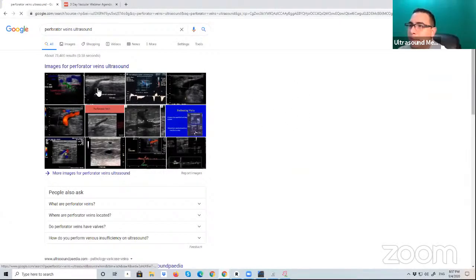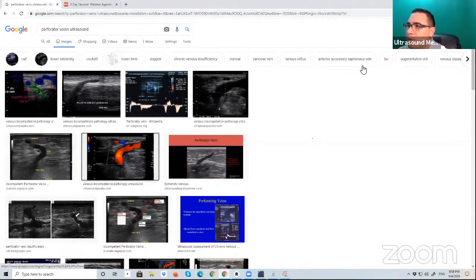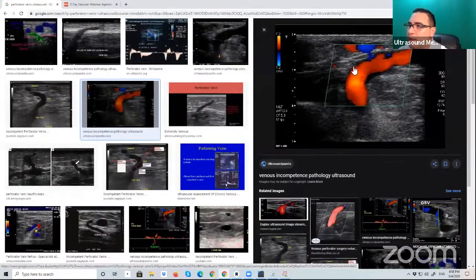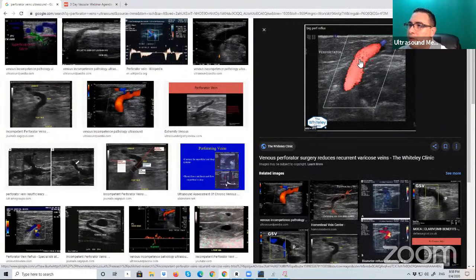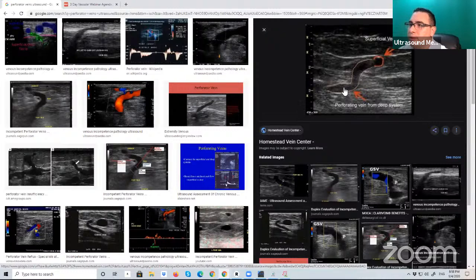Okay. So we have to see a connection between the superficial system and the deep one. I think this one is a nice one. All right, here. As Darian said before, we have to measure it and check if there is reflux in the perforator here. Okay, there's another one in here. This is a cool picture.